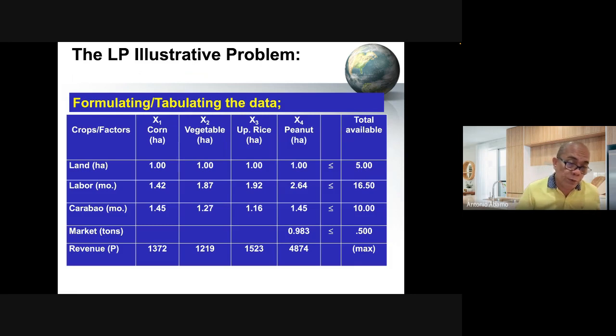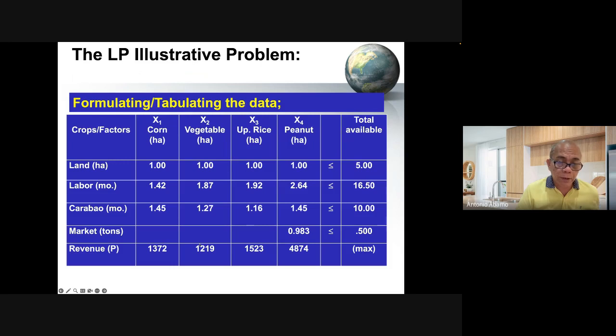Okay? So you will see you have land, labor, carabao, and then you have market. Remember, market has this 0.9 hectares for peanut.